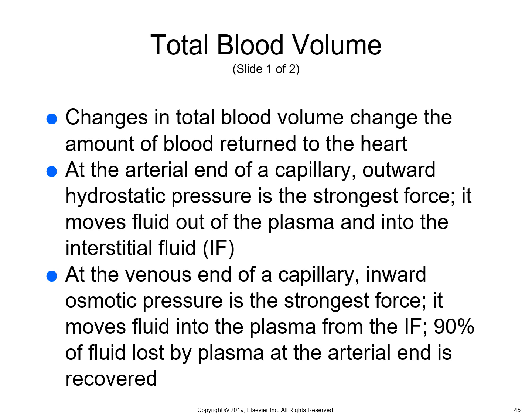So at the venous end of the capillary, osmotic pressure is the strongest force. So it's going to pull that fluid back into the plasma from the interstitial fluid, and about, I'll say, 90% of the fluid lost at the arterial end is recovered, ensuring that we have a balance in circulation.